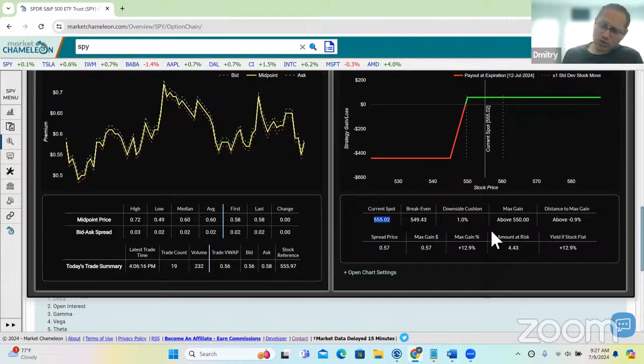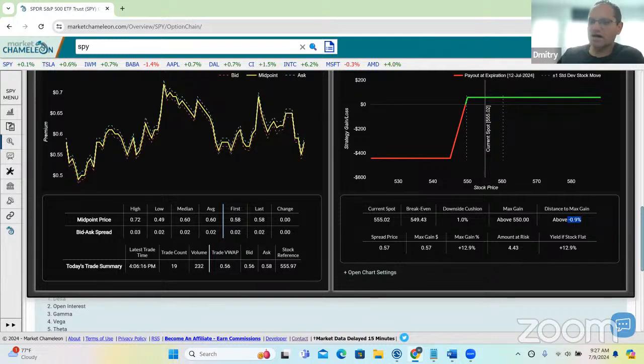If it stays here, we're good. If it goes up, it's good. Even if it goes down, we're still good, but it's got to be above a certain amount. So that's above 0.9%. So it can't go below that much. So our max gain is above that.